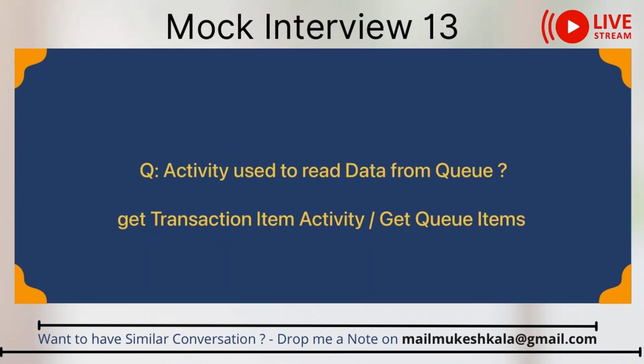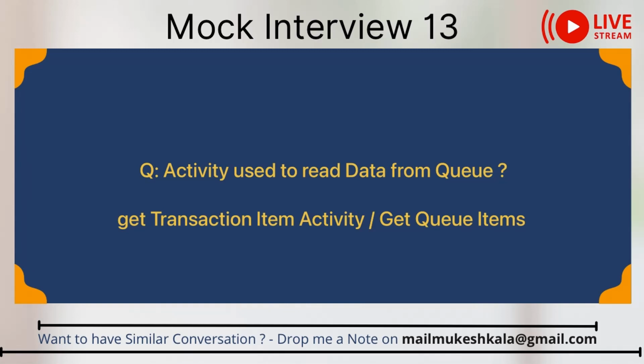Okay, no problem. Let's say I have written an automation, and there are 20 items added to the queue. Which activity in UiPath am I using to read the items from the queue? Get transaction item. Are you sure?